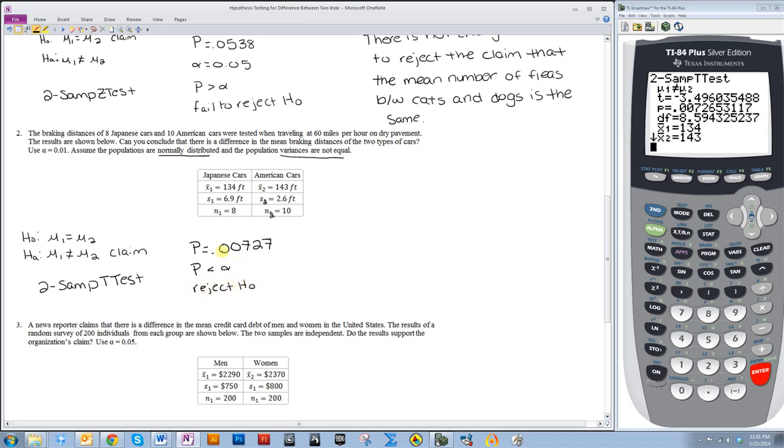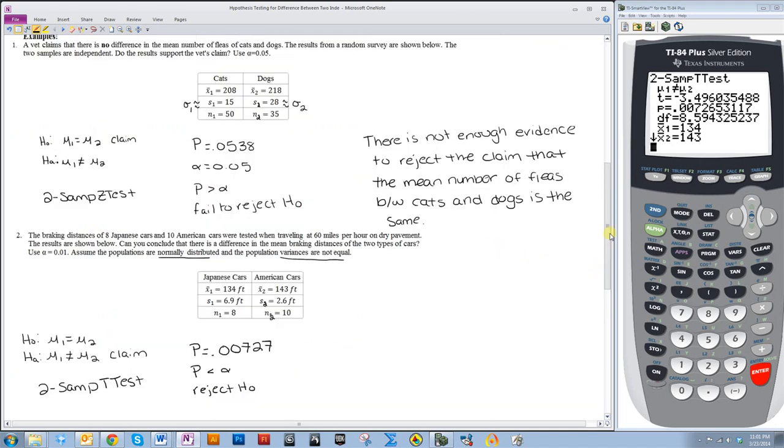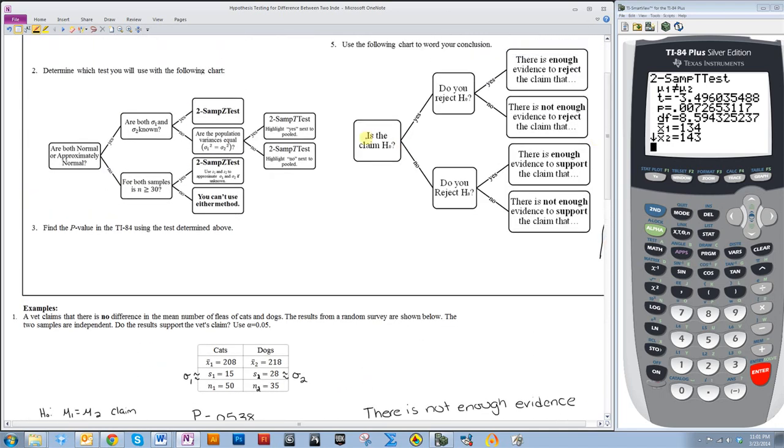HO. Okay, but our claim was not HO, our claim was HA, so let's use our little chart up here. Is the claim HO? No. Do you reject HO? Yes.